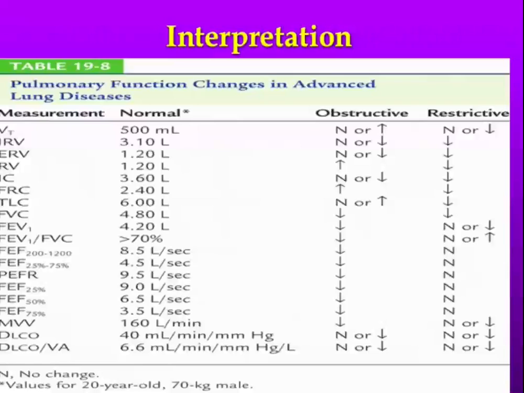I put a PFT in front of you. It can have gazillions of different little values, but we have to pick out those that mean the most to us. We cannot sit here and try to interpret every little volume and every little flow. We'll get so lost in the process that we won't understand what's going on. On spirometry, we look at FEV1, FVC, FEF 25-75, maybe FEF 200-1200, and your peak flows.